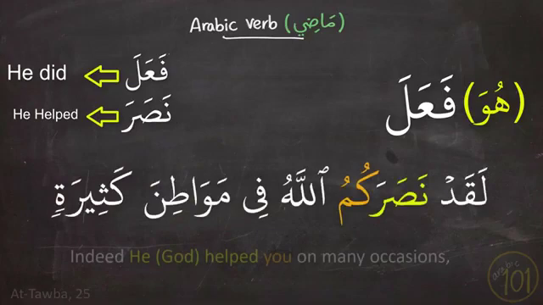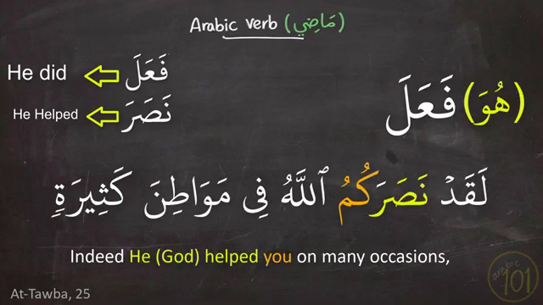Like in this example. لقد نصركم الله في مواطن كثيرة. So here, نصر means he helped, and the suffix at the end of this verb, kum, as we learned in the previous lesson, means you in the object position. So نصركم would mean he helped you.